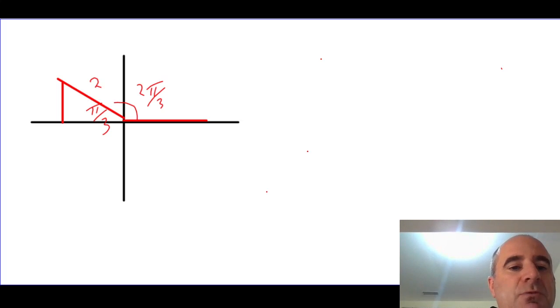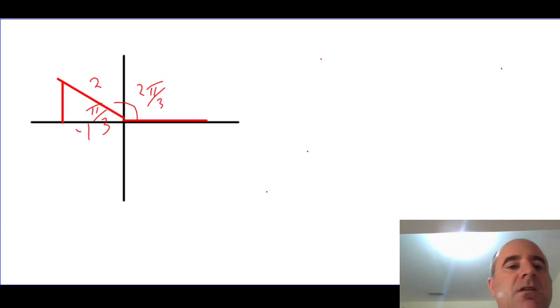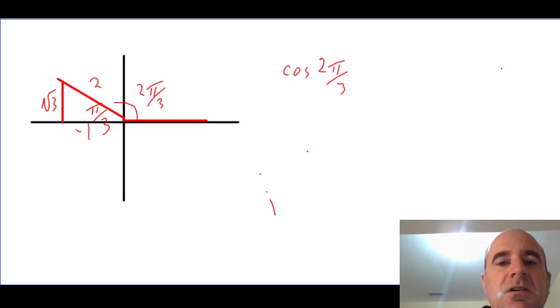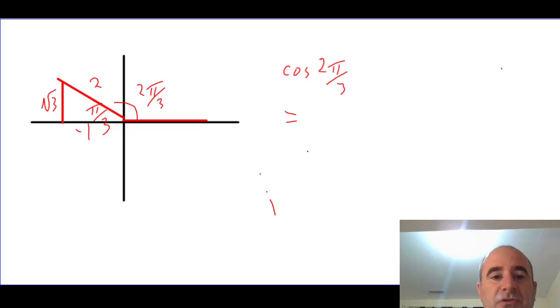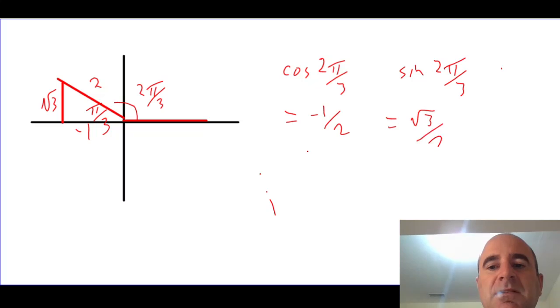This side here would be not 1, but -1 because we're now on the Cartesian plane, and of course, √3. And that tells us that the cosine of 2 pi over 3 is in fact equal to -1/2, whereas the sine of 2 pi over 3 will be equal to √3 divided by 2.